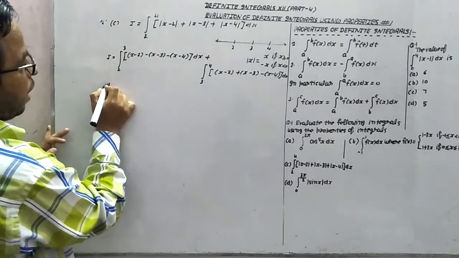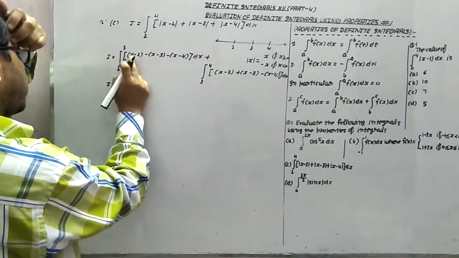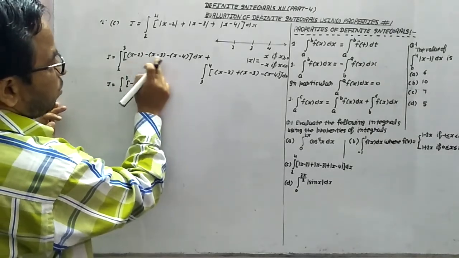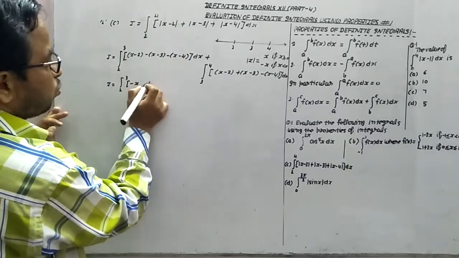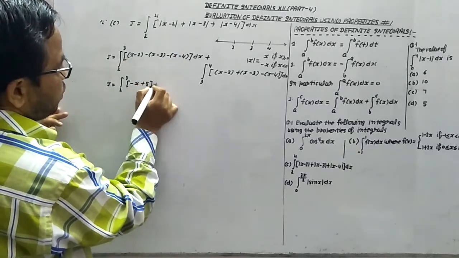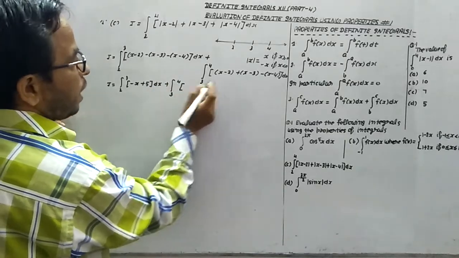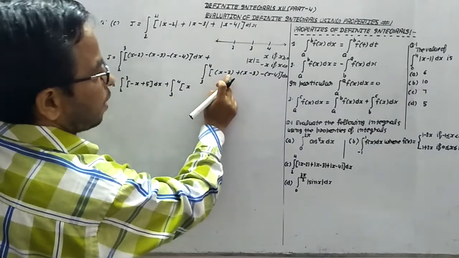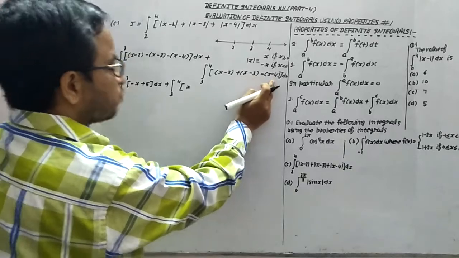Now look at this. I is equal to the integral from 2 to 3, because these two are negative, the negatives cancel out. It means minus x, and this is minus minus plus 3 plus 4, which is plus 7 minus 2, means plus 5, dx. And then plus here, the integral from 3 to 4. This is x plus x, 2x minus x means x, and here minus 2 minus 3 means minus 5, and this is plus 4.